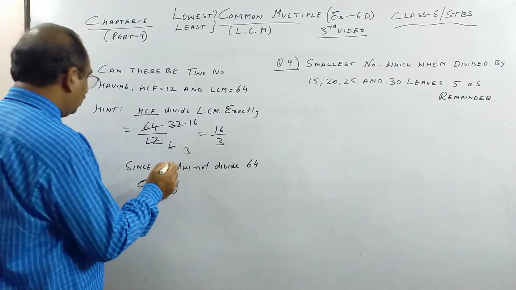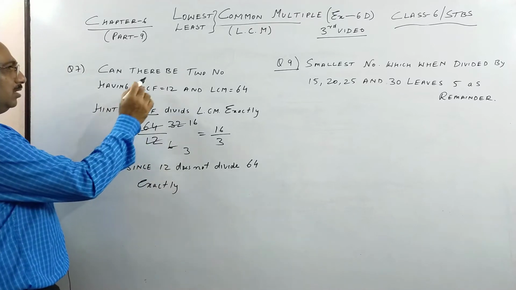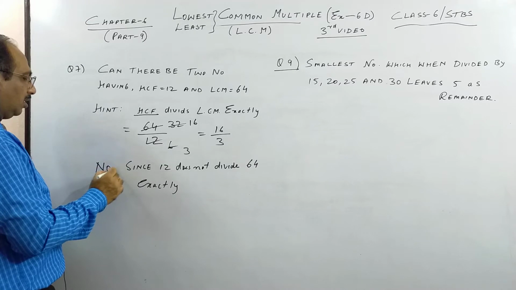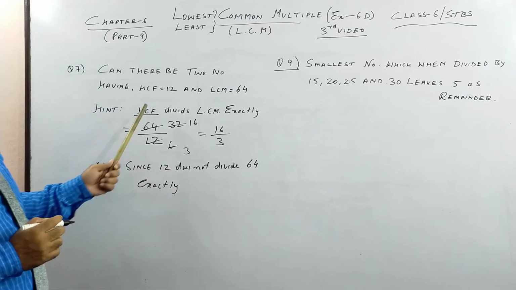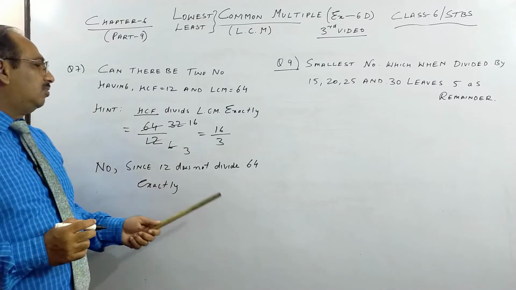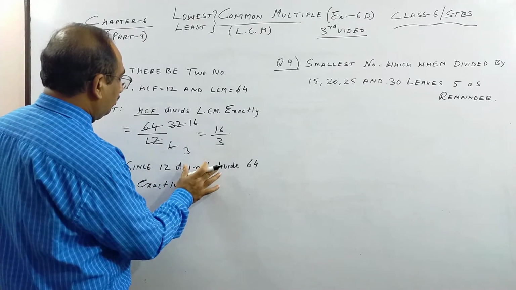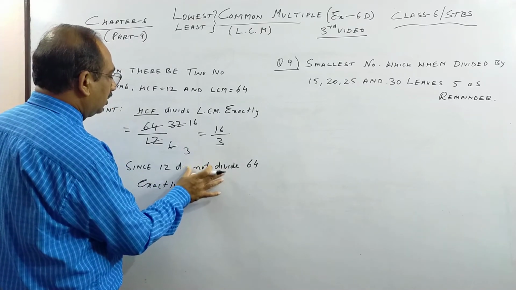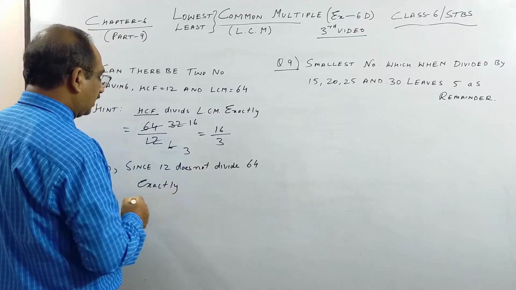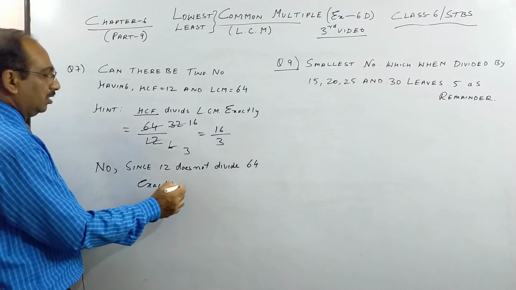So what we will write, can there be two numbers having this? No, there cannot be two numbers whose HCF is 12 and LCM is 64, because 12 does not divide 64 exactly.